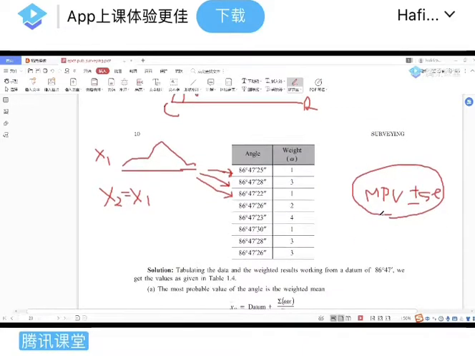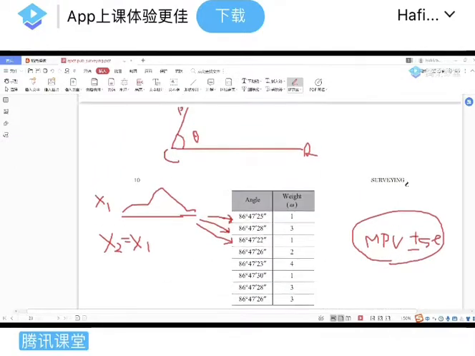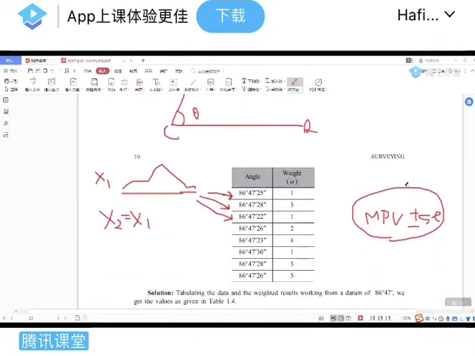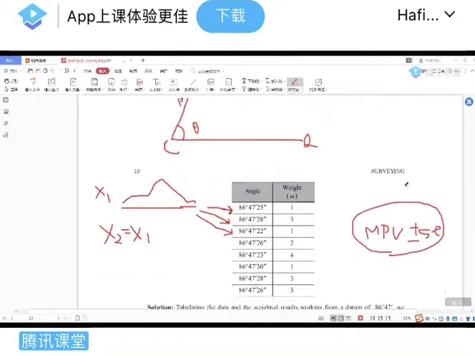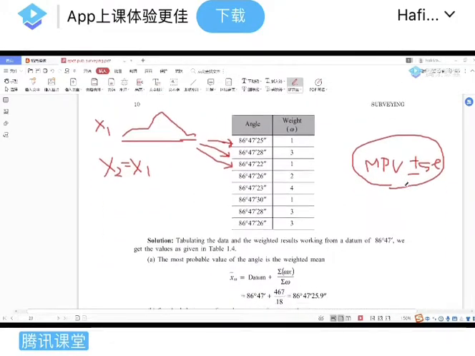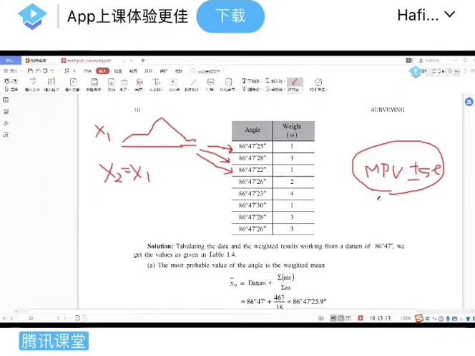So in chapter 1, at least you have to learn how to do the calculation like this. I will repeat this kind of situation again, because some of you find it too complicated, but this one is easier to understand. First of all, we are going to calculate something called the weighted mean.